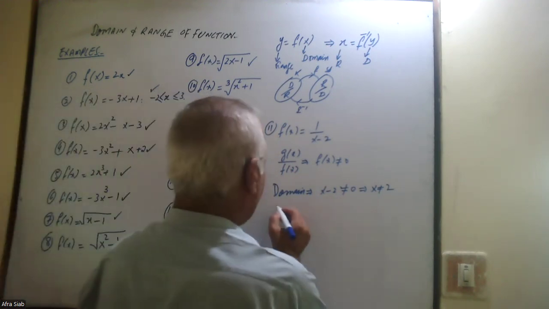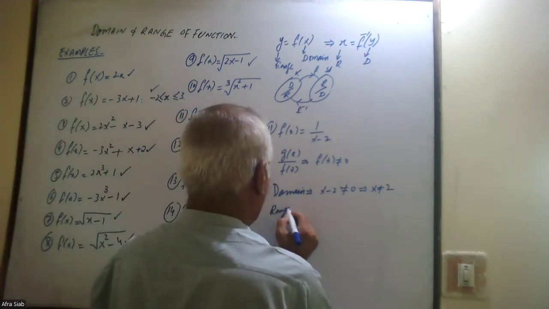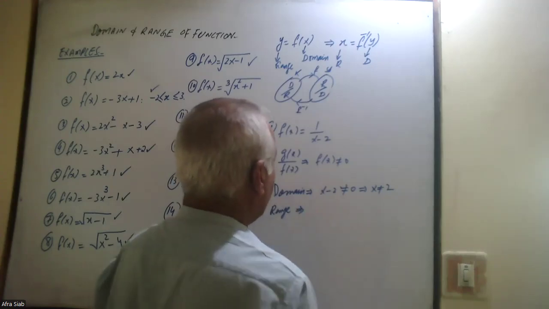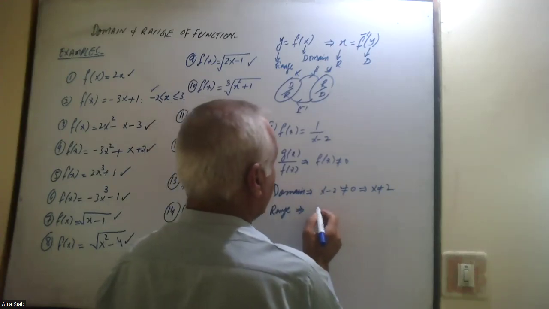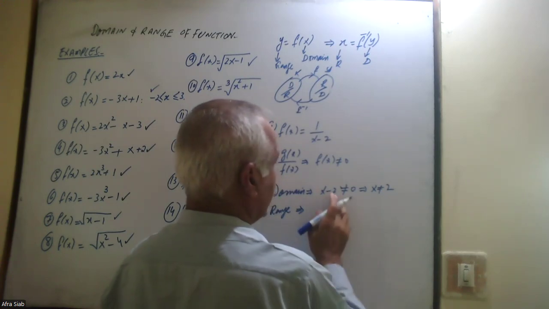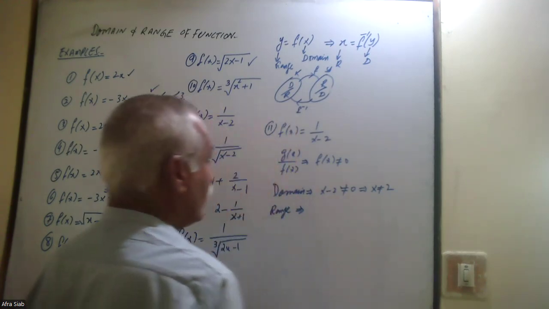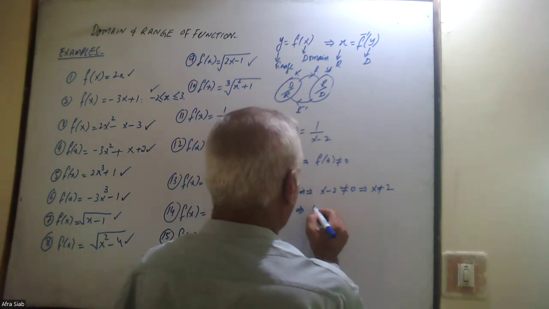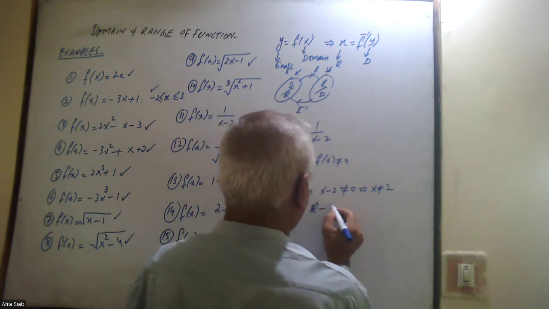And for the range of this function, this graph is never defined at 2, so at 2 it goes to infinity. So all real numbers except that.